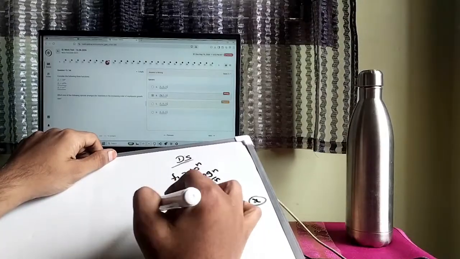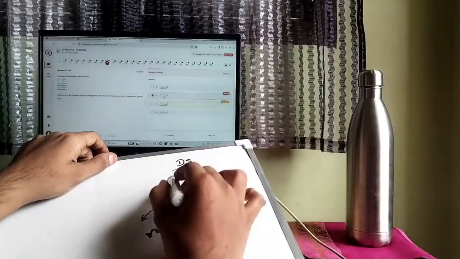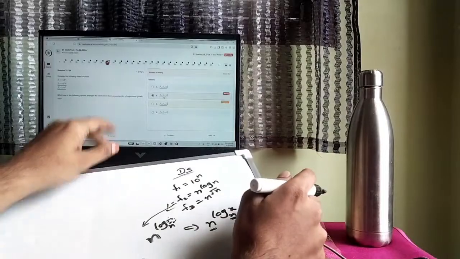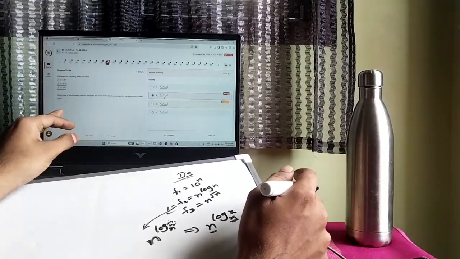So I took f2 as the lowest function, so that's why I marked option B, f2 and then f1 and then f3.